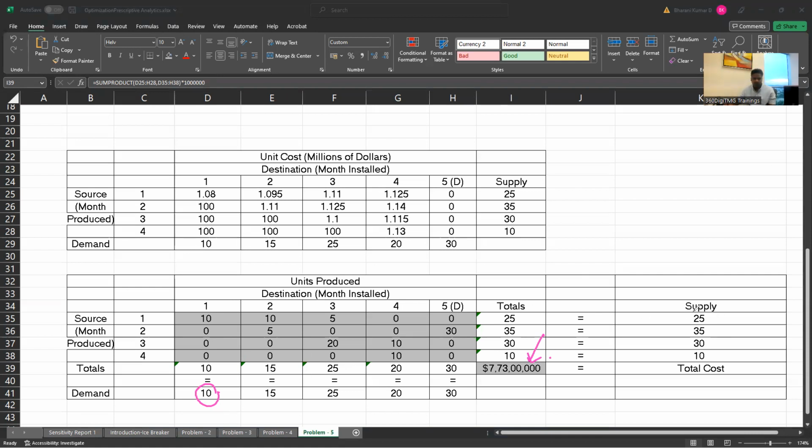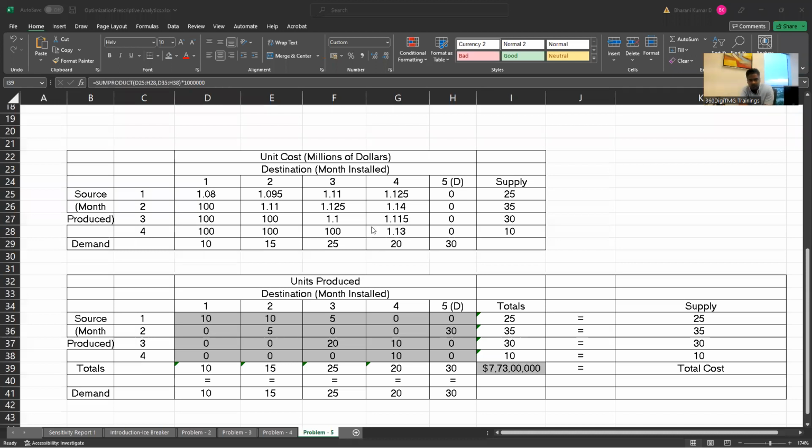And here the supply is also the same. If the total supply is 25, entire 25 you have to ensure you consume over all the months that we have. If it is overall 35, then you need to ensure for all these months put together, whatever you're producing is equivalent to 35. So on and so forth.